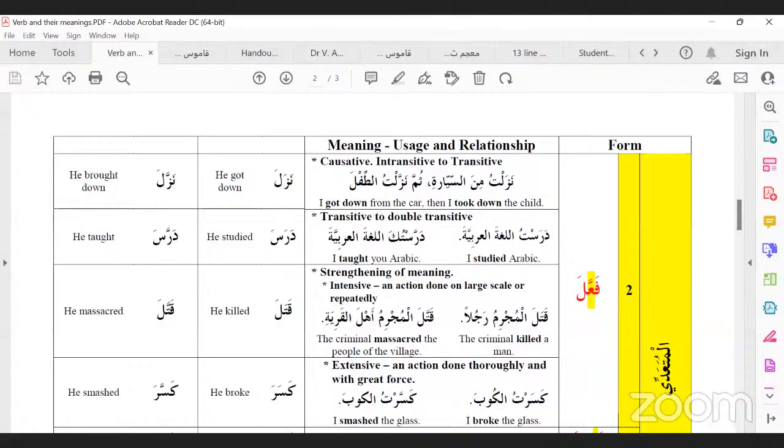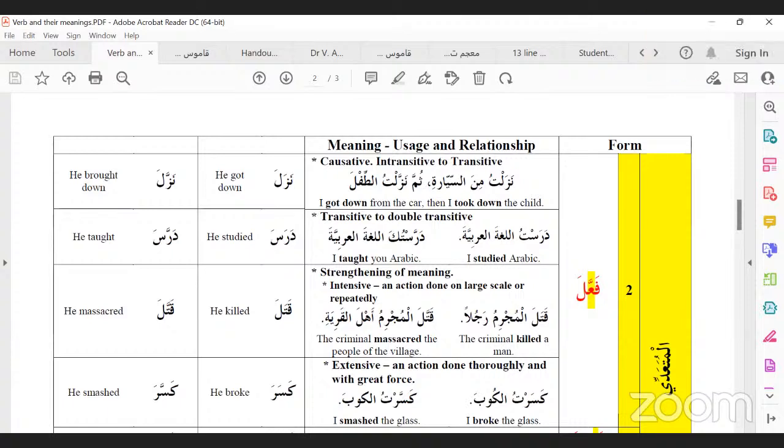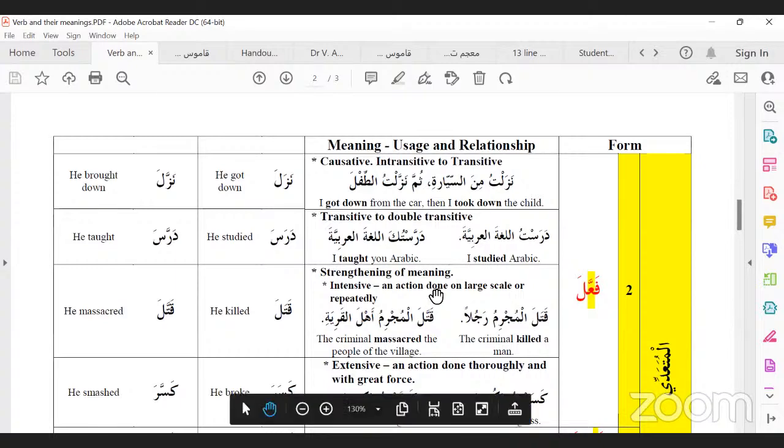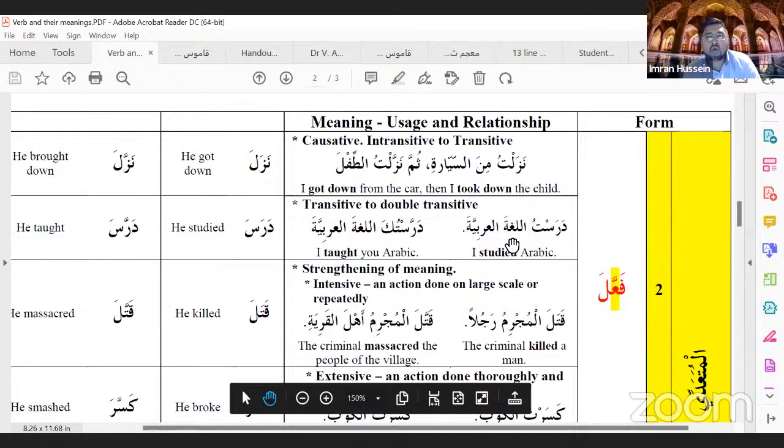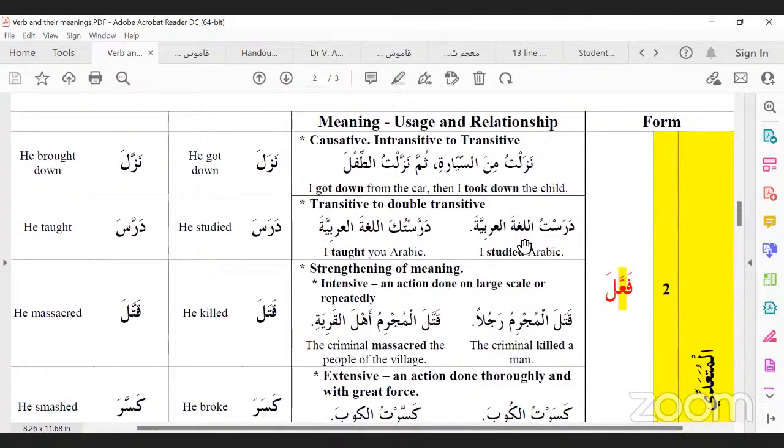Assalamu alaikum, Shaykh. Alhamdulillah. Next one, darasa, he studied, and darasa, he taught. Could you say it first, please? درست اللغة العربية.